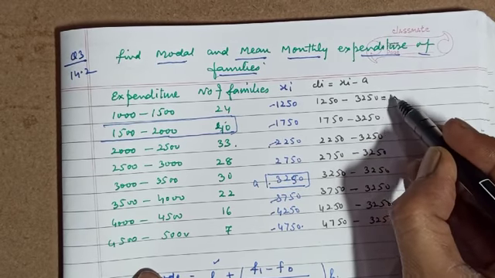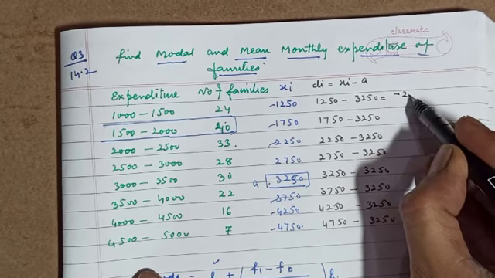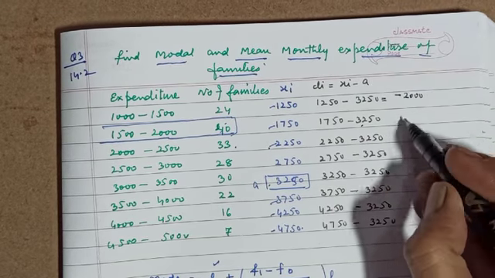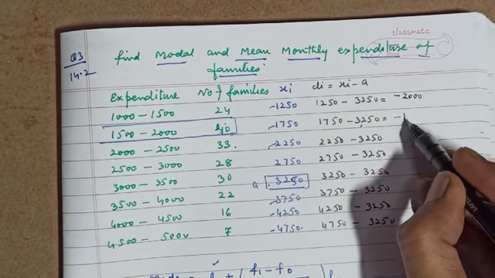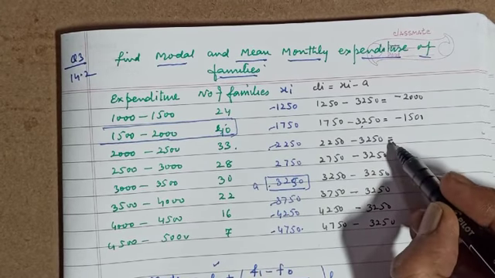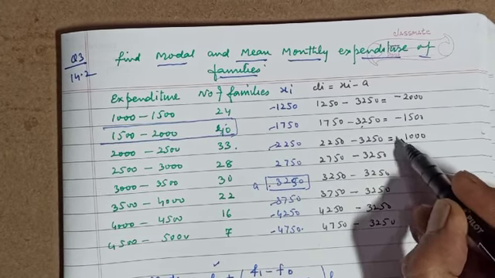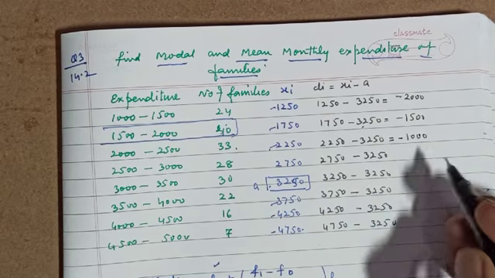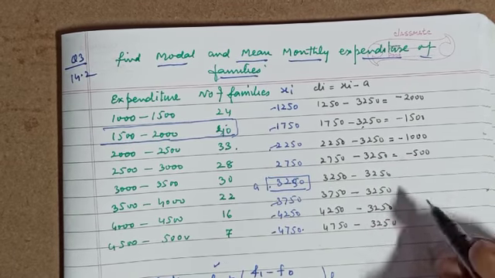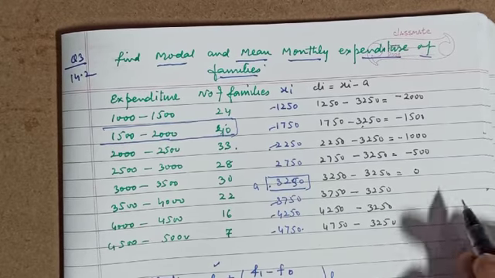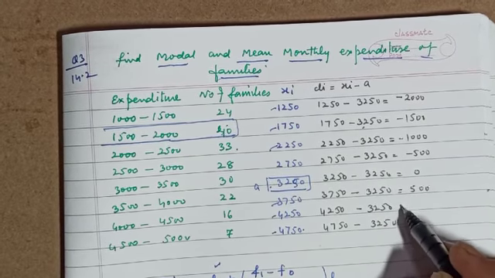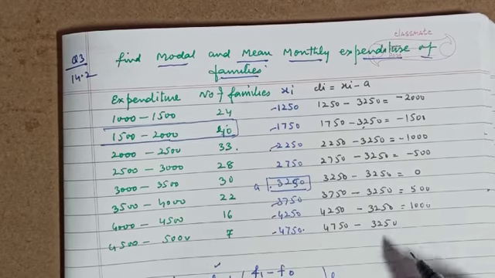So when we subtract, here we get minus 2000, here it is minus 1500, here it is minus 1000, here it is minus 500, it is 0, it will be 500, 1000.